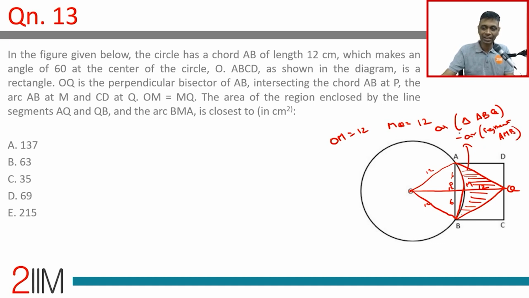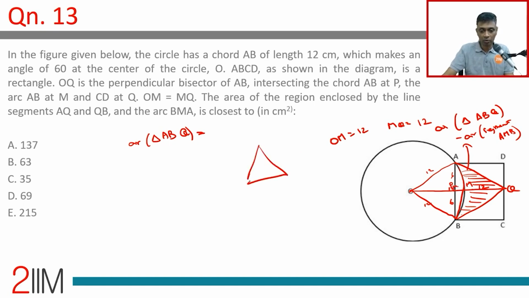Area of triangle ABQ, we can do half into base into height, right? But we still need to find the height. Base could be AB, height we need to find. How do we do that? OAB is an equilateral triangle. This is a perpendicular bisector, this is an altitude.